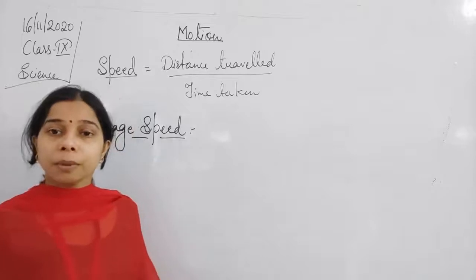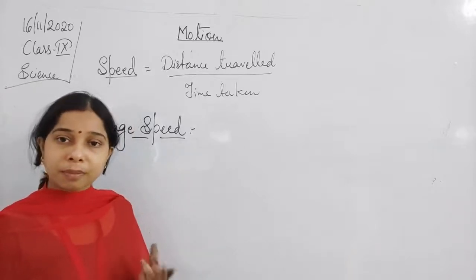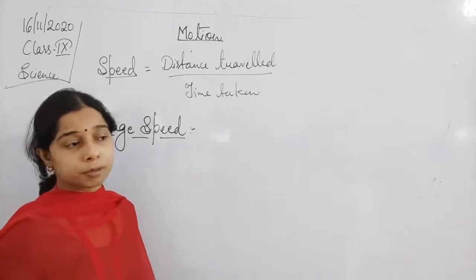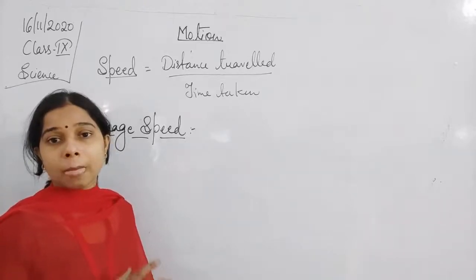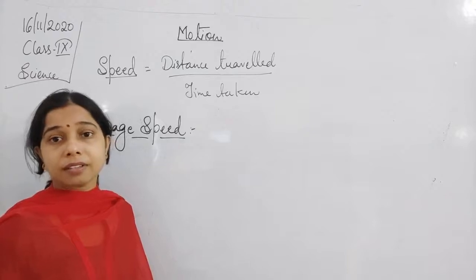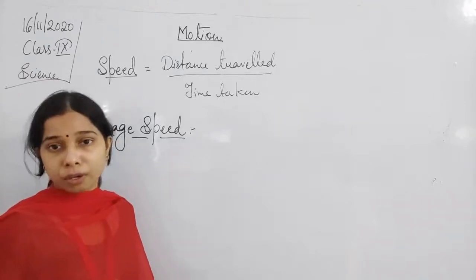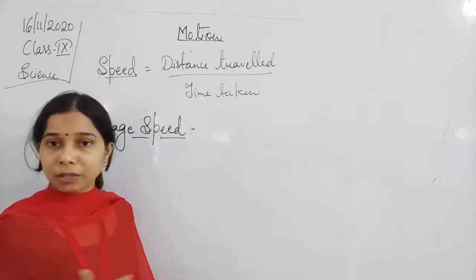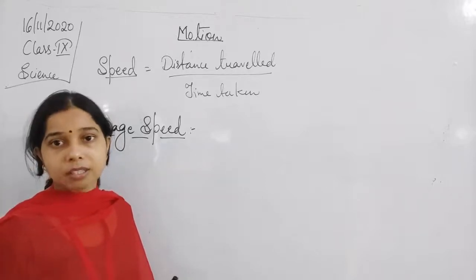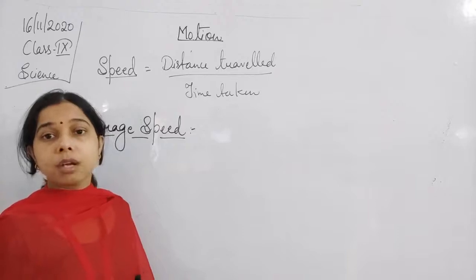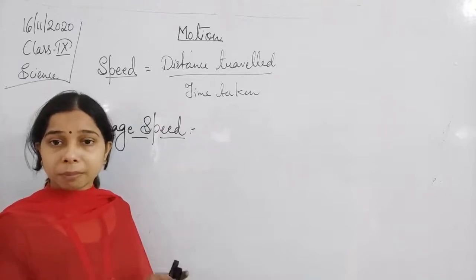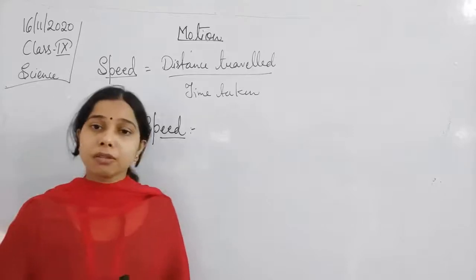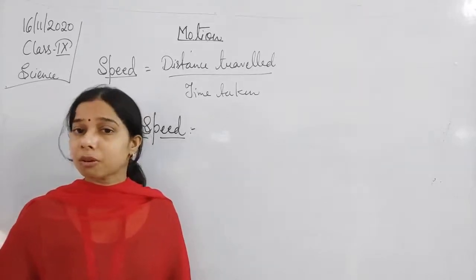The possibility is there that at first it becomes slow and then it becomes fast. Especially if a car is moving on a road, if the road is clear, then the speed will be fast, and if there is traffic, the speed slows down. By applying the brake, the speed will get less. So by this, students, we can say that the speed does not remain constant.